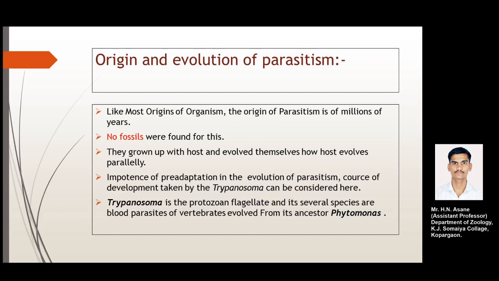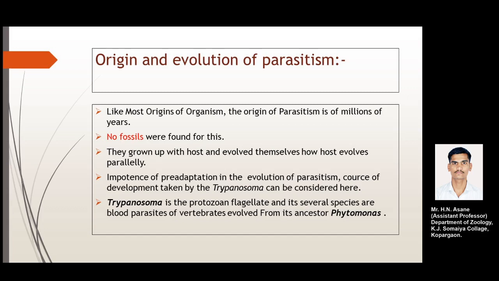The importance of pre-adaptations in the evolution of parasitism is a course of development taken by trypanosoma. We are going to see in detail in the upcoming chapters how trypanosoma evolved, and how it modifies itself to stay in the host.